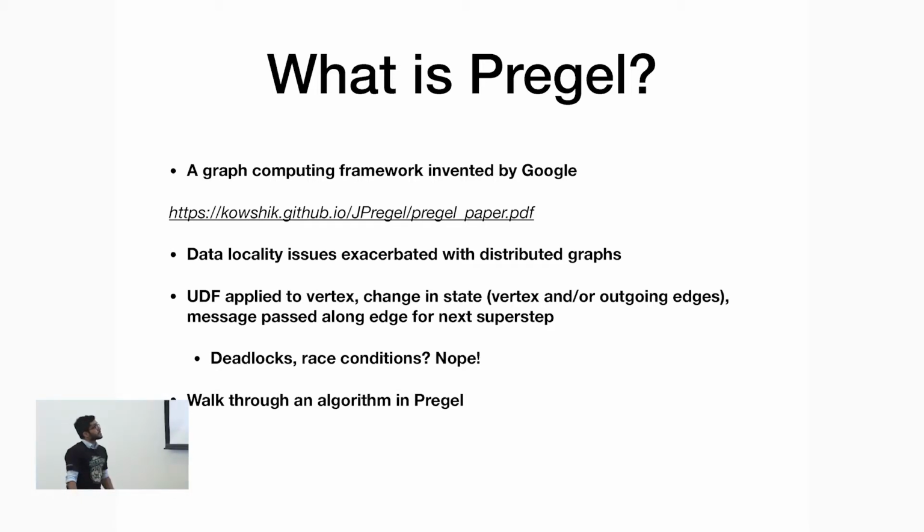What they found is that they can take BSP and apply it towards graphs. Now, how do you do that? You take a UDF, some sort of function, and apply it to a vertex. So in the event of, let's say, PageRank, I get incoming messages from my vertices, do my calculation, and send out messages.